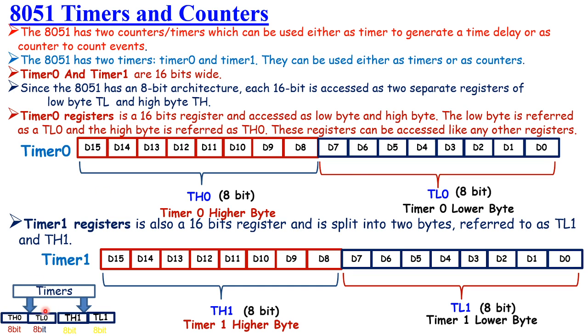Now pictorially we can represent it like this. These are the timers: timer 1 having TL1 and TH1, and timer 0 having TH0 and TL0, each 8-bit.